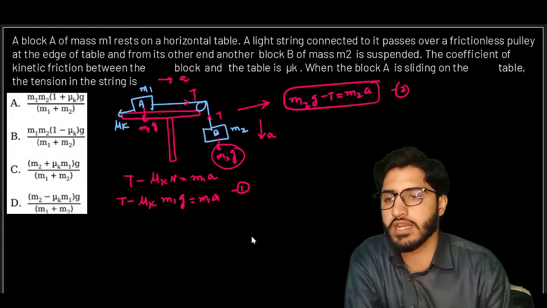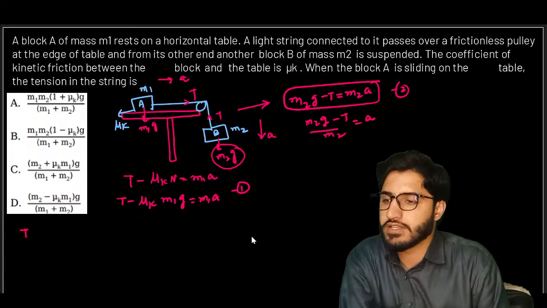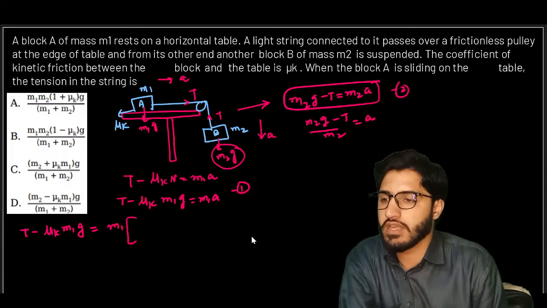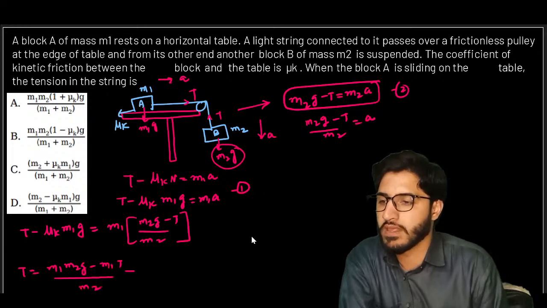So I can write M2G minus T divided by M2 equals A. Now T minus nu K M1G equals M1A. What is A? A is M2G minus T divided by M2. So T came out to be M1 M2G minus M1T whole divided by M2 plus nu K M1G.